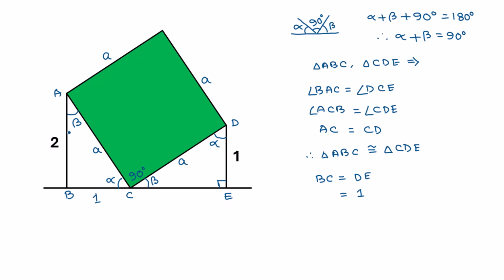Now in triangle ABC, this angle is 90 degree. So applying the Pythagoras theorem in this triangle, we can write AC square, this is the hypotenuse of this triangle, AC square is equal to this AB square plus this base BC square.